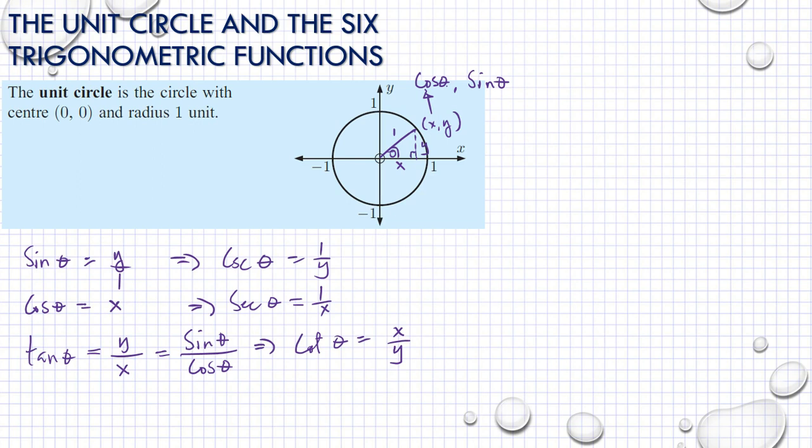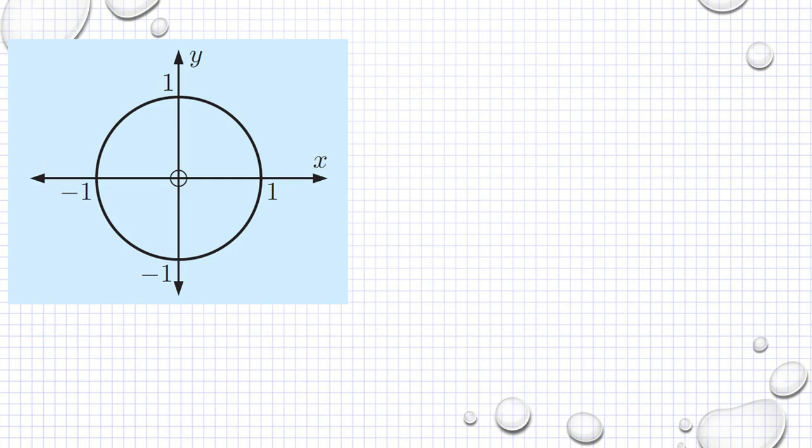Okay, next I'm going to discuss what are the signs of the 6 trigonometric functions in different quadrants. So we have the first quadrant here. We said that this is cosine theta, and we have sine theta. That is our x and our y.